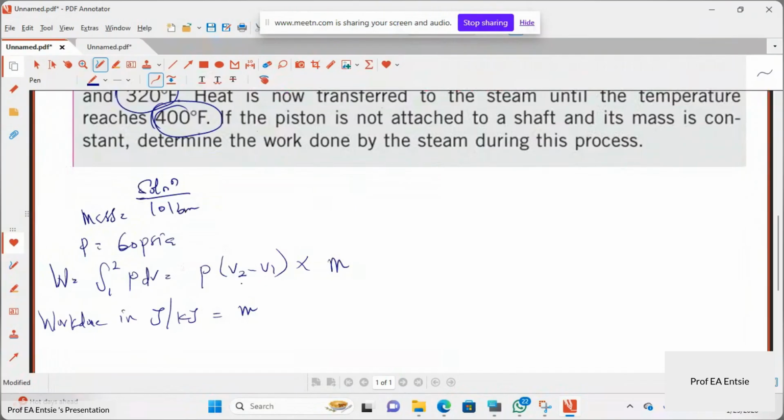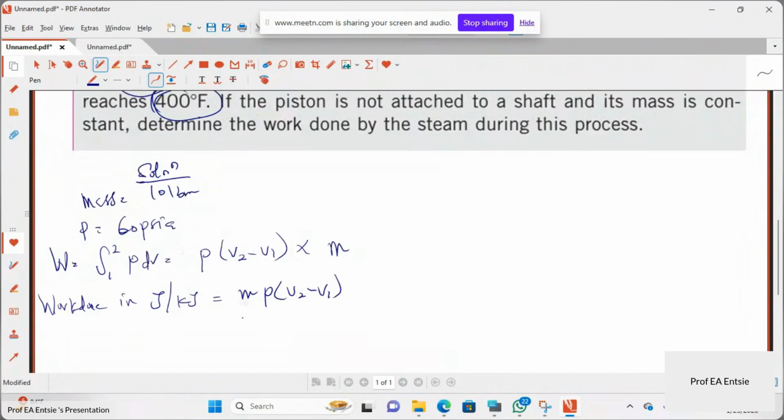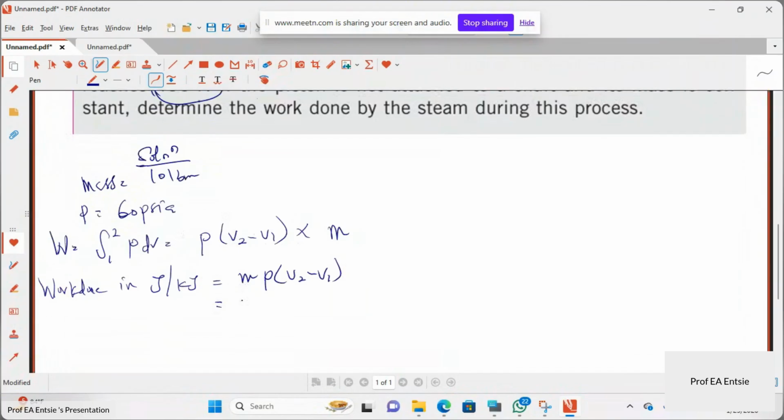If I want to remove the per kilogram, I'll multiply with kilogram, that's mass. So I'll get m P times V2 minus V1. And the mass in this problem is 10, times pressure, 60 psi.